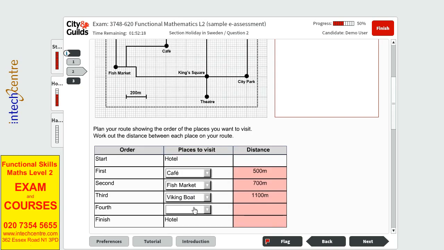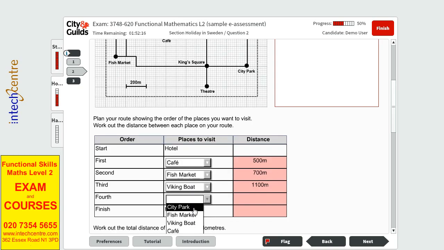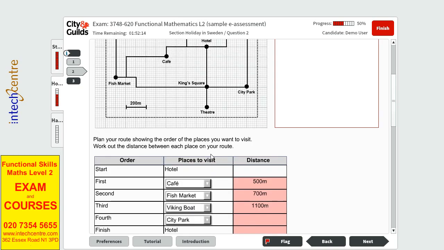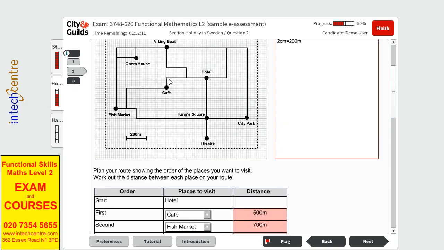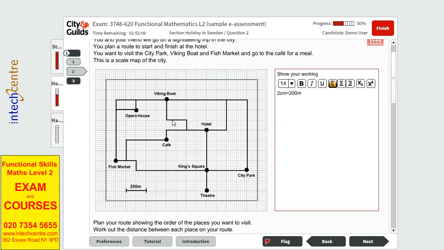Now, from the Viking boat, we have the option to go to City Park, because we are trying to cover most of the map of the city with its attractions. 200, 400, 600, 1000, 200, 400, 600, 700.